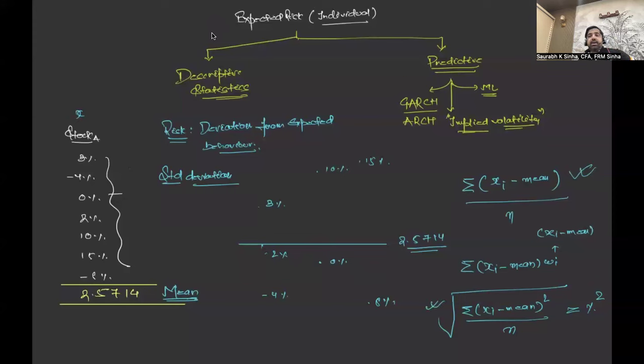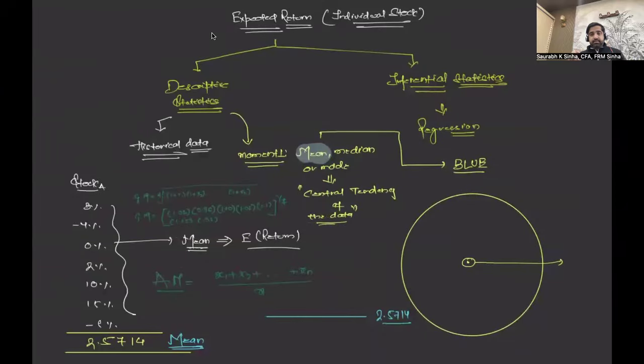The formula of standard deviation is written here. There are other ways to calculate standard deviation. When probability is there, you won't use this formula. We'll discuss it in detail when we study quantitative analysis session 1. Okay? So for expected return, you use mean.